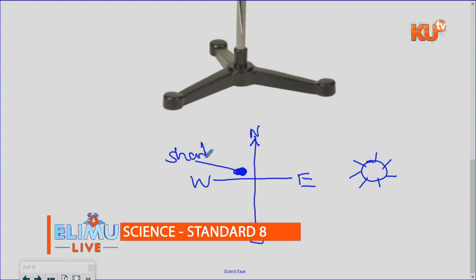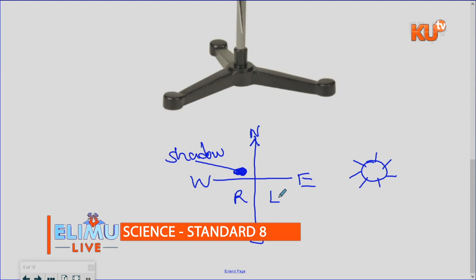So the shadow is on the right side. It means while Mary was walking, this was the right and this was the left. So it means the home is opposite the school. So the home is either north or south, likewise the school.